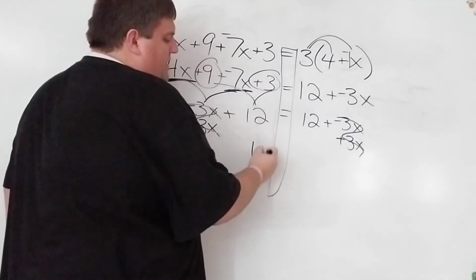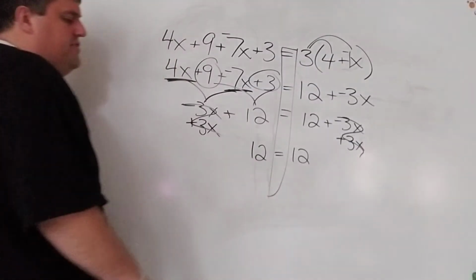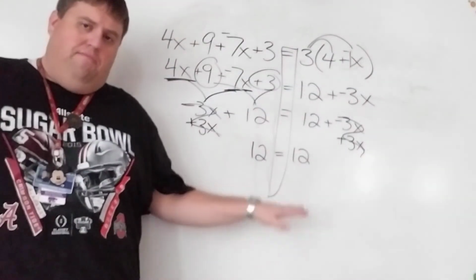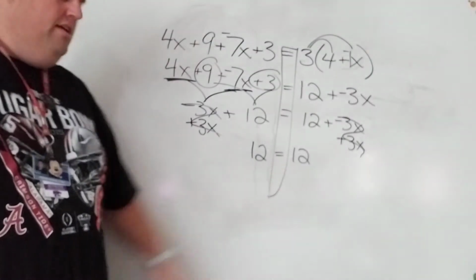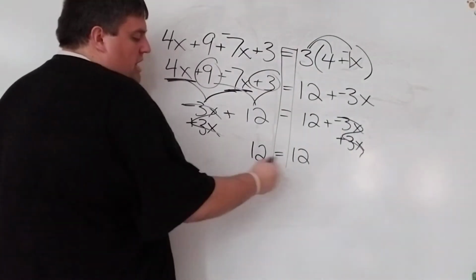I look at what I have left this time. Well, by golly, 12 certainly does equal 12. So this time, I am left with this true statement, right? This is true. 12 does, in fact, equal 12.